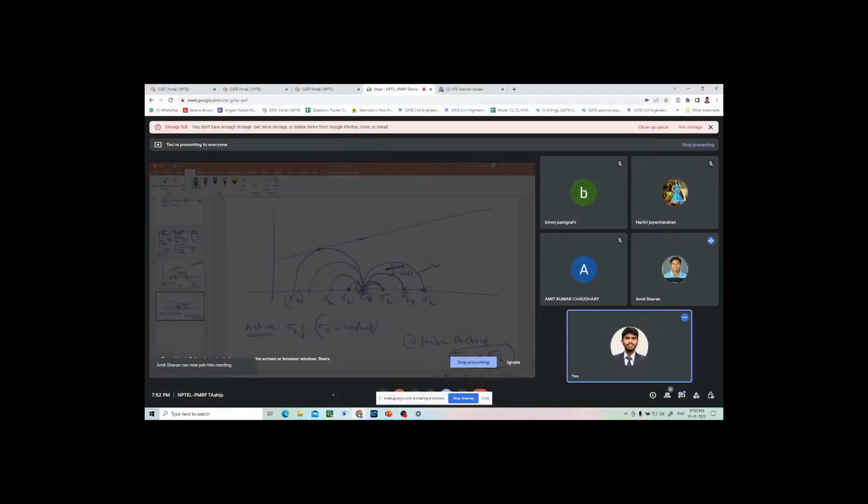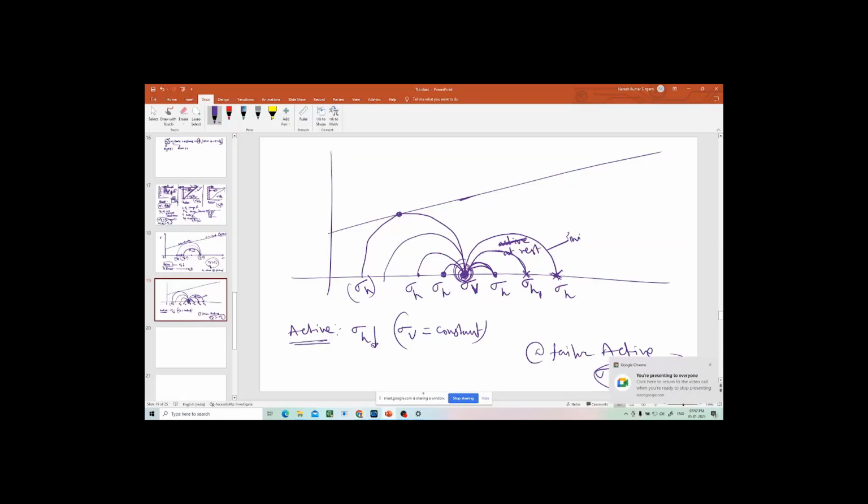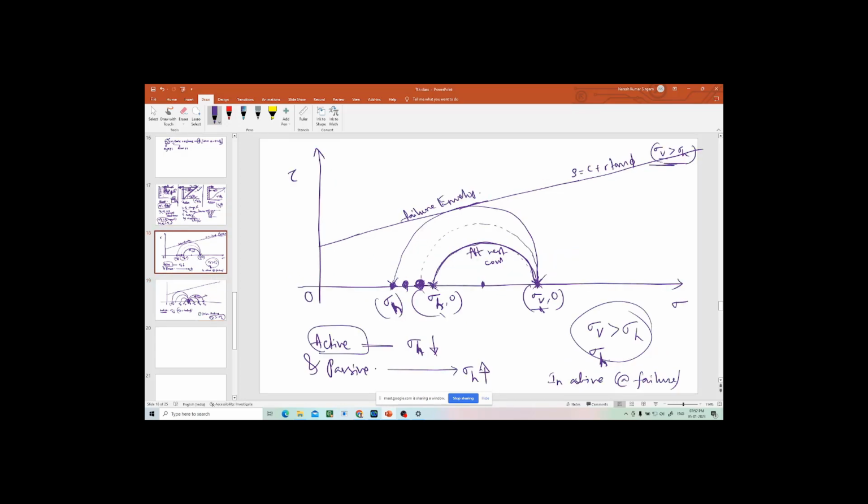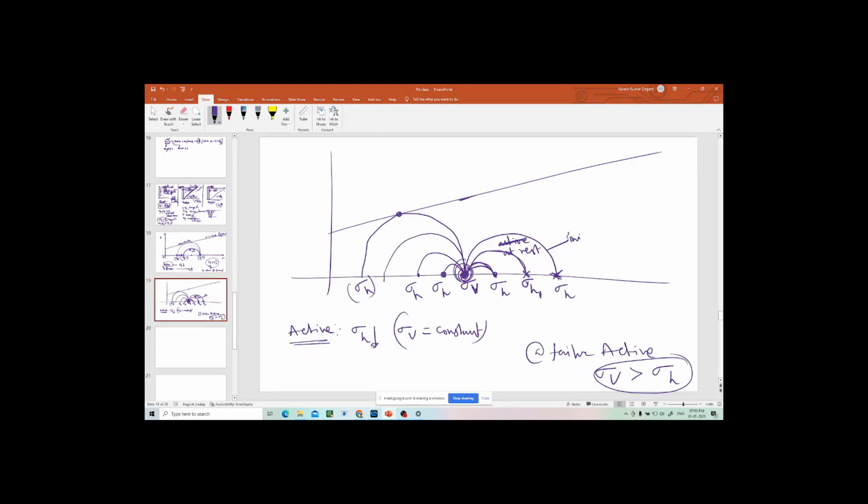Amit, please mute yourself. So what I'm trying to say is that in the active condition, always sigma v will be greater than sigma h. Whichever the initial condition, finally sigma h will be to the left side of sigma v, then only it can fail. So that is the active condition.